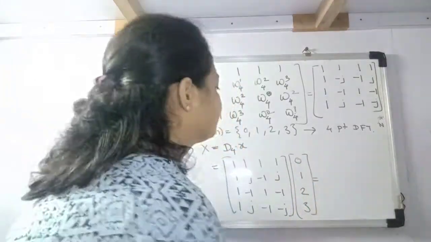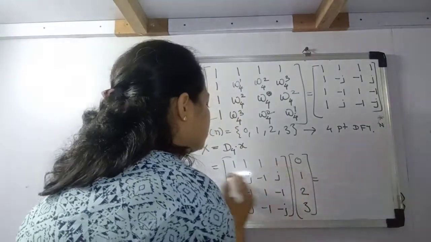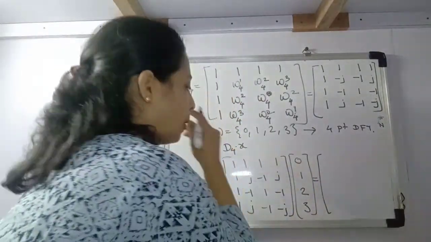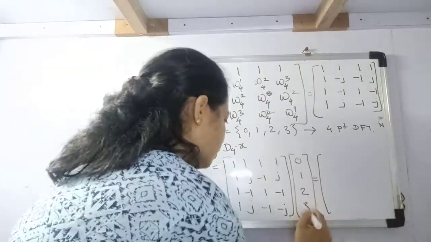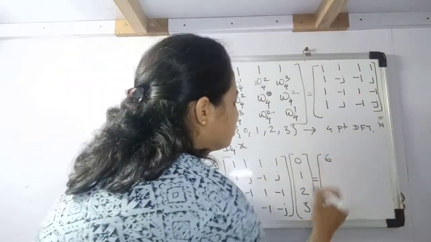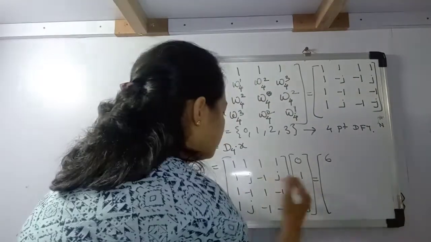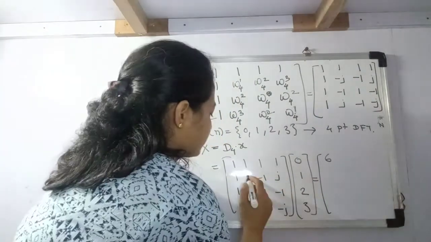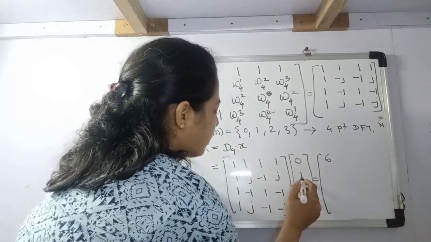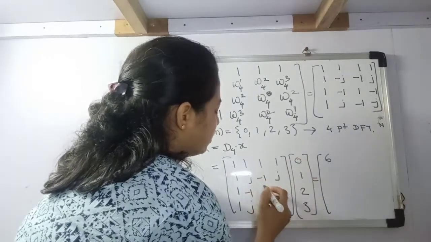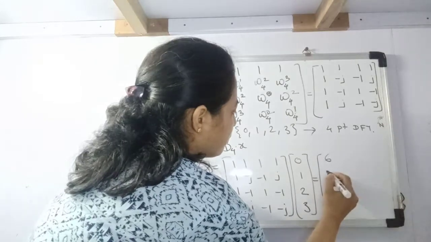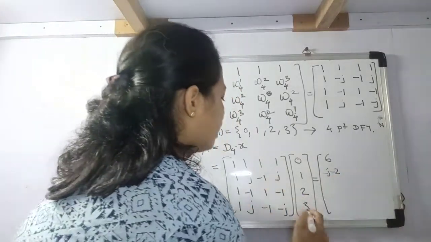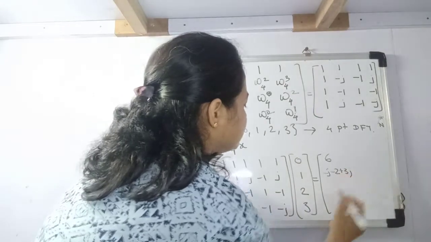So here the first sample, capital X of 0, will be the sum of all those points, which is equal to 6. Now for X of 1: 1 multiplied by 0, minus 1, minus j here, minus 2, minus j, minus 2, plus 3j.